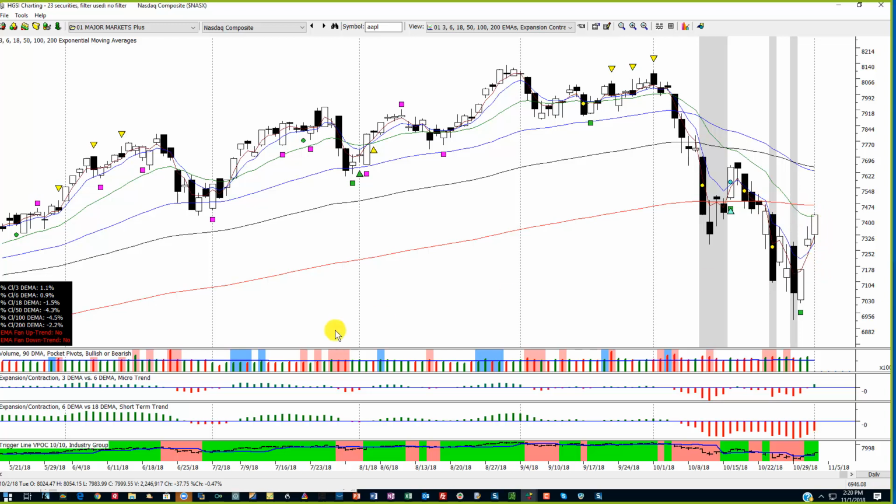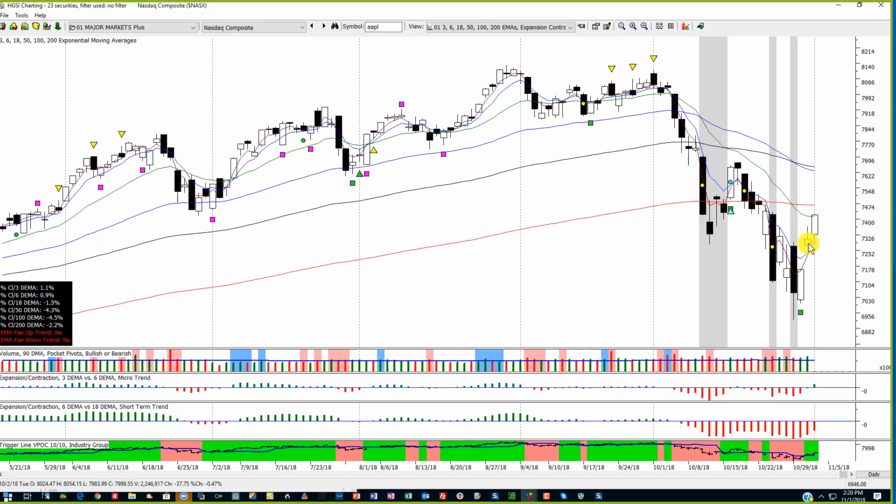The brown is the, well, if you look over here at the left-hand side, you can see the relationship of the price. And this is as of a few minutes ago when I updated the relationship of the price to these moving averages. But I usually just look over here and I can see that this Nasdaq is still oversold and it still hasn't crossed above the 200-day exponential moving average.